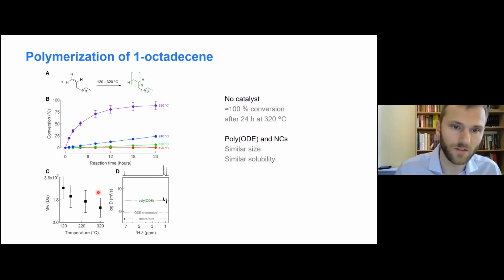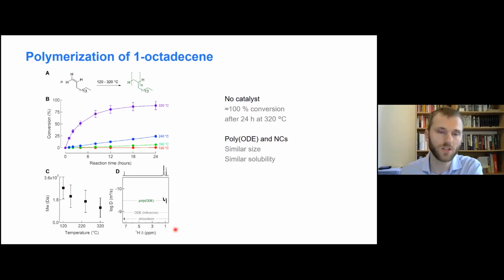The molecular weight of the polymer that you form is a little bit temperature dependent, and you can look at it through diffusion ordered spectroscopy. Because again, you have now a bigger object that diffuses slower than the octadecene molecule itself. So that's what you see here. Chloroform, a very small molecule, diffuses very rapidly.